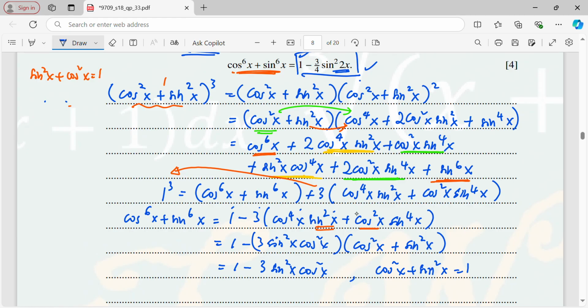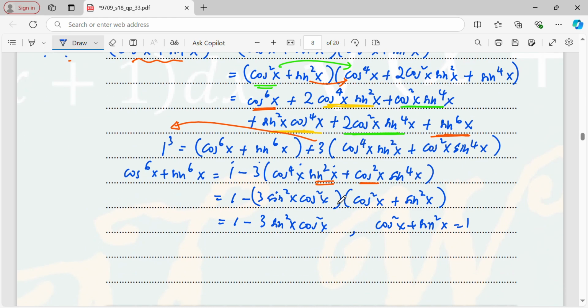And now, I need to get sine 2x, right? So, refer to the sine 2x formula. Sine 2x or sine 2a is basically 2 sine a cos a. So now here, I have the sine squared and cos squared over here, right? That means I may get this as a subject, which means sine a cos a is half sine 2a.